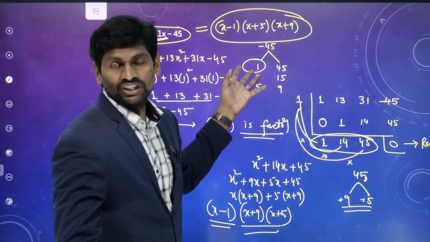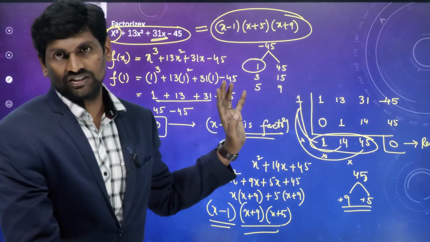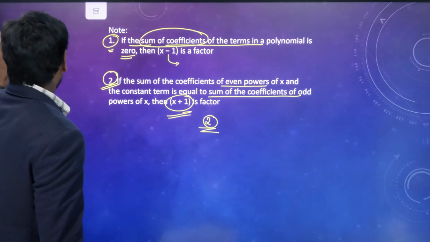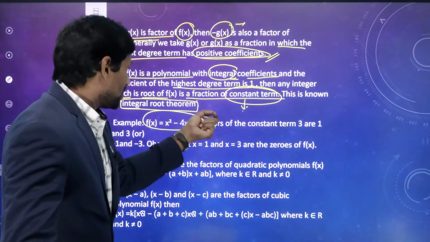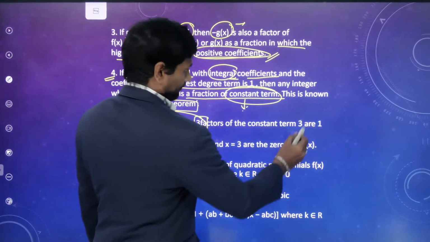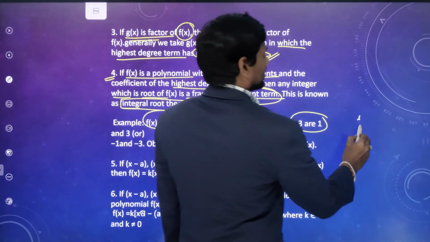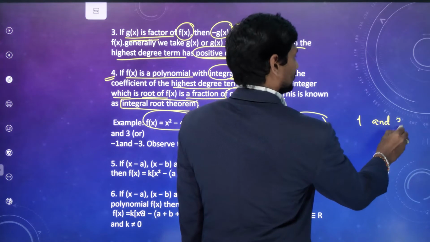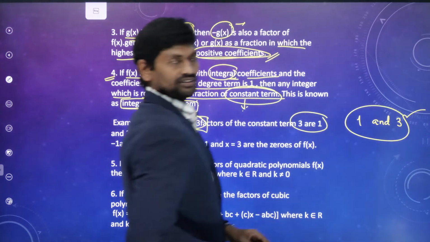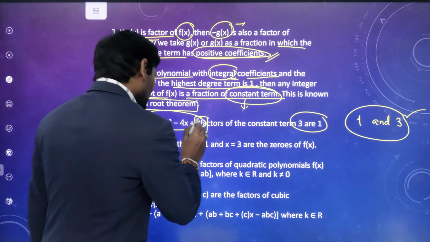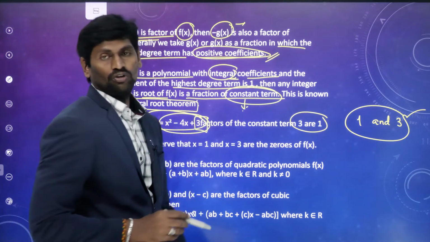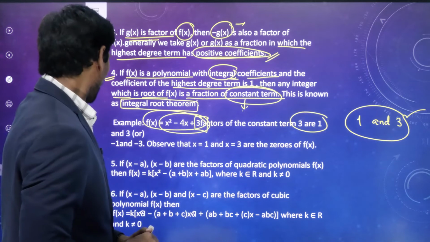When we substitute, we get the suitable factors. In the same way, for a quadratic polynomial also, we have to consider the constant term. The constant term is 3. Its factors are 1 and itself. So both are the factors. It works out only for some quadratic polynomials, not for all.